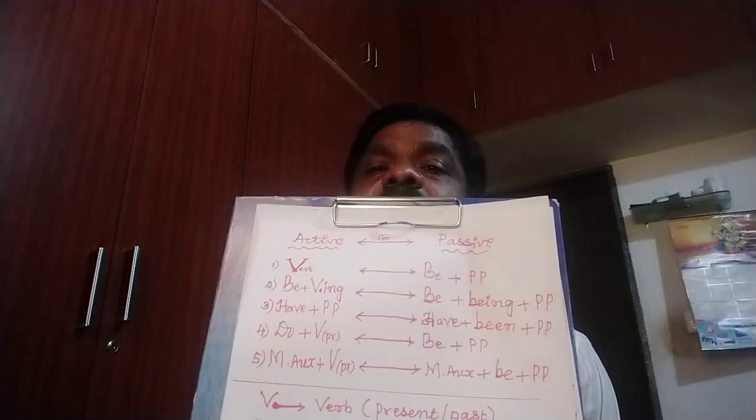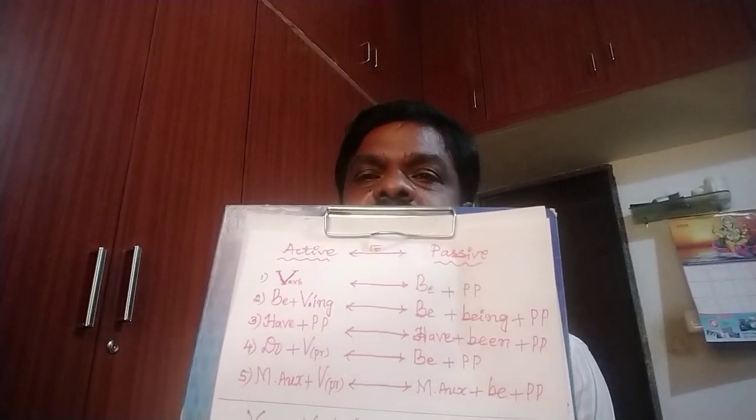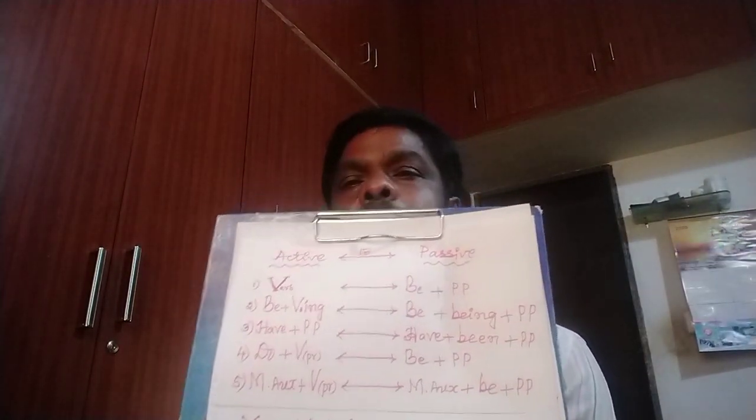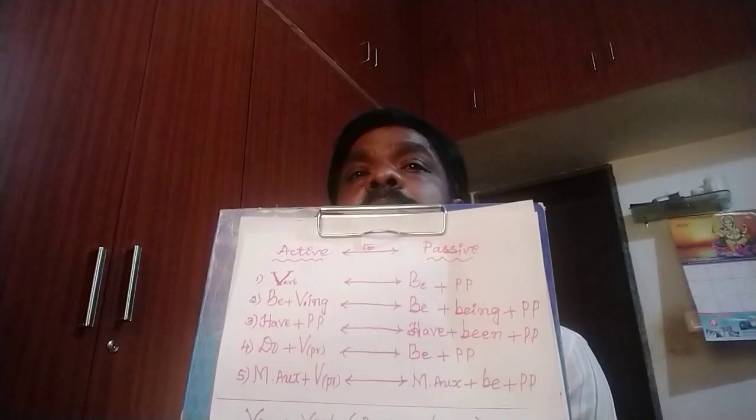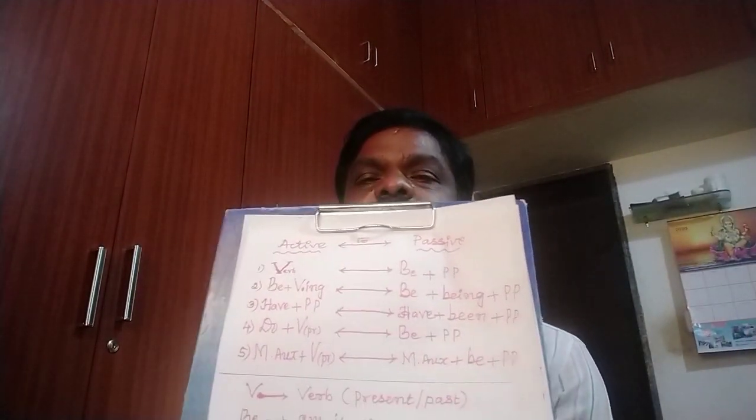And if there is do form plus the present tense verb, you have to take be form plus past participle.